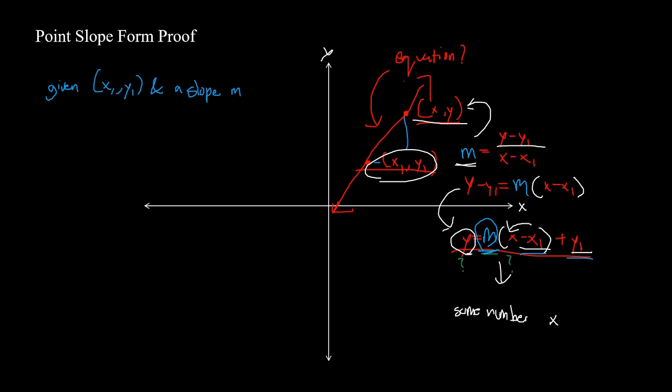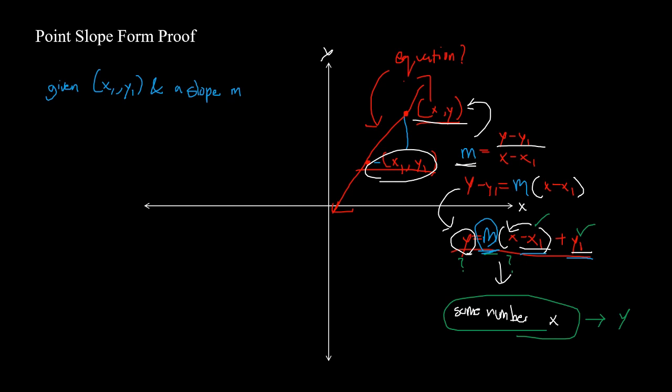We know what m is, we know what x1 is, and we know what y1 is. So if we were to plug in some number x, then the function would output some number y. And guess what? That's pretty much what the equation of a line is.